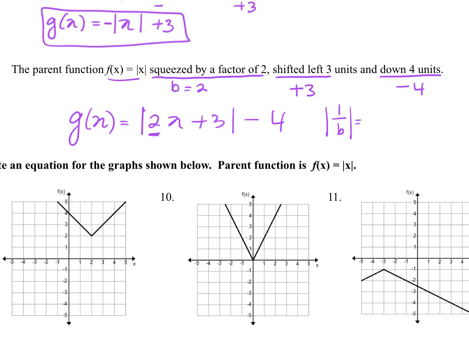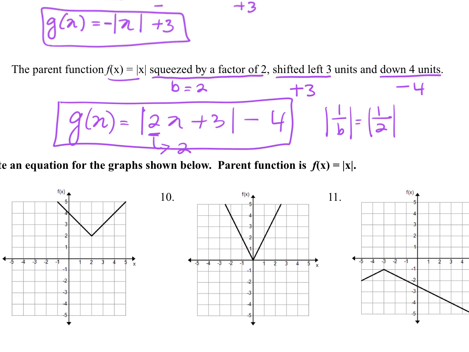In this case, the value of our b is 2. So this is going to be 1 over 2, then it's really going to be squeezed. It's going to be smaller than 1. Therefore, this is the correct answer to our question here in number 8.